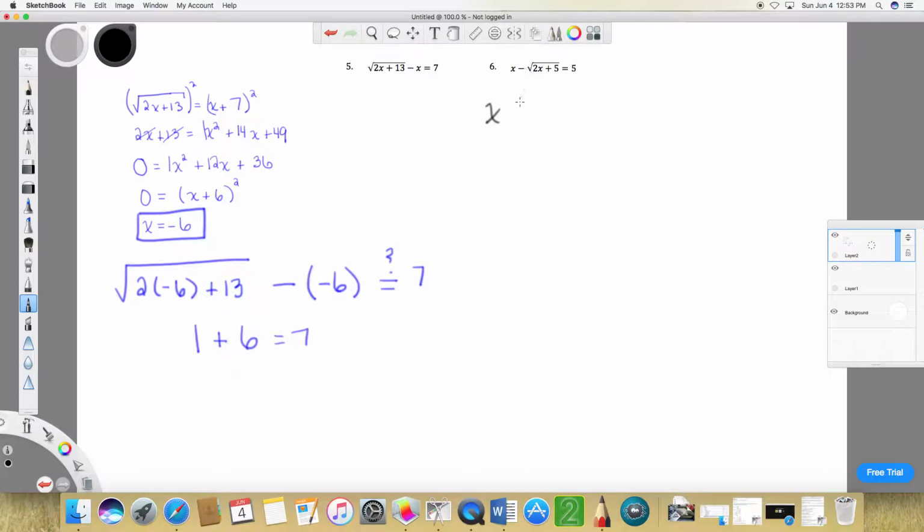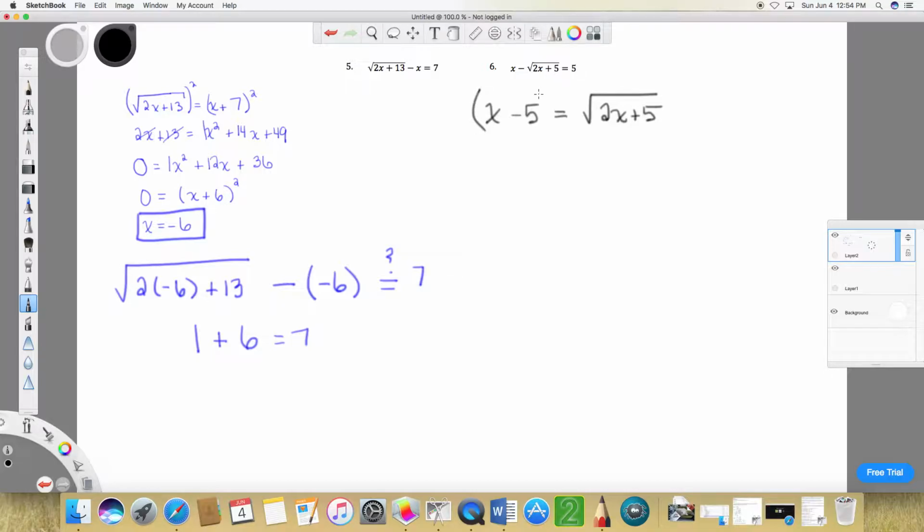I want to have x minus 5, and I want to have the square root of 2x plus 5 here. So you can pause the video and justify that I've added the square root of 2x plus 5 to both sides of the equation, and I've also subtracted 5, all in one step.